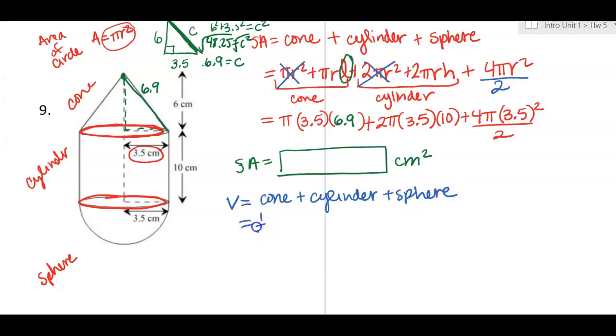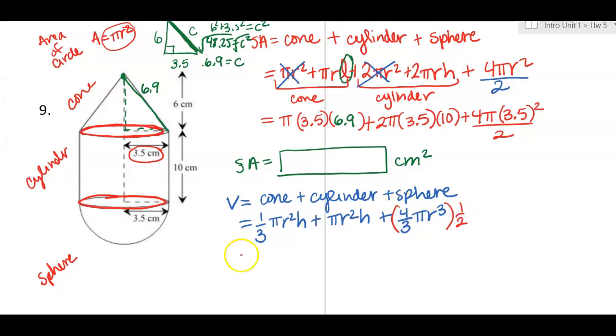So volume of a cone is 1/3 pi r squared h. Volume of a cylinder is pi r squared h. And volume of a sphere is normally 4/3 pi r cubed. And again, we want the entire cone and the entire cylinder. So the only adjustment that needs to be made here is that the sphere is still half of a sphere. So we want to divide this by 2 or multiply it by a half.